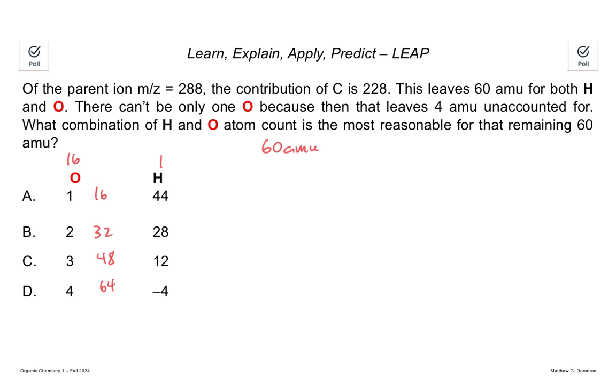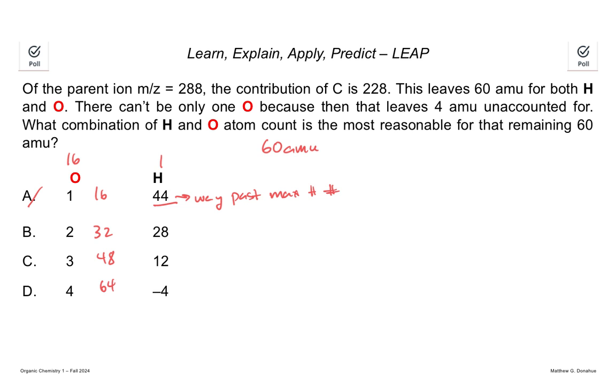So we already said A is wrong, because that's past the maximum hydrogen number we can have.